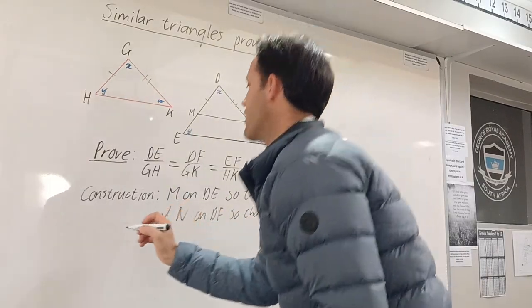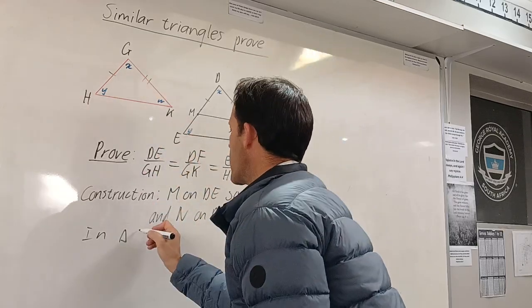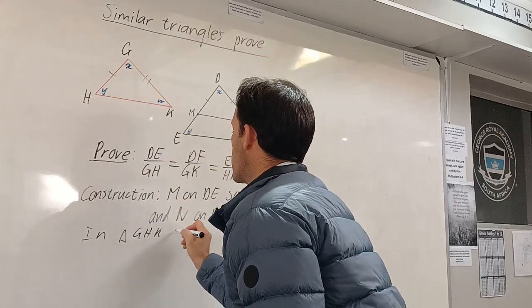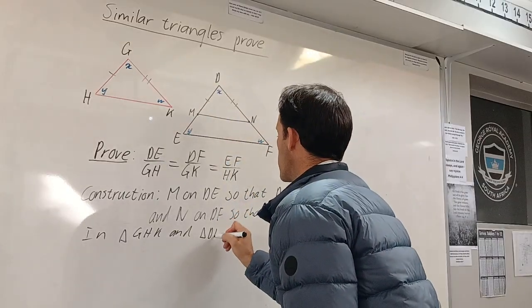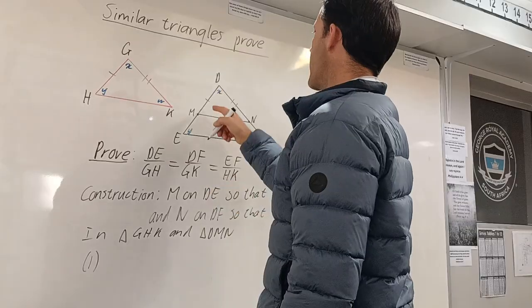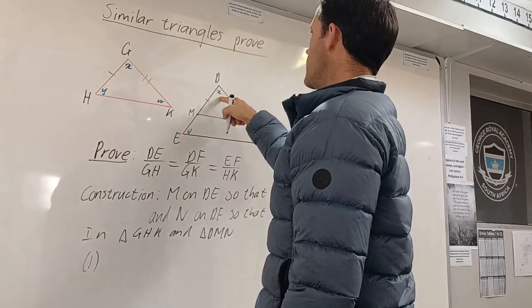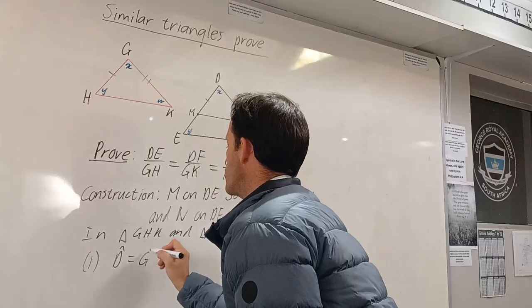Now you can say, in triangle GHK and triangle DMN, first of all, we can say that angle D is equal to angle G. It's given.